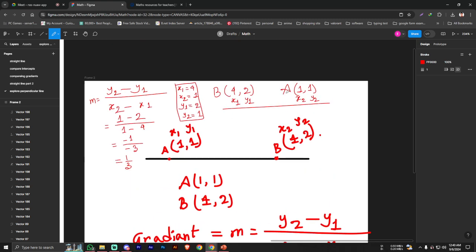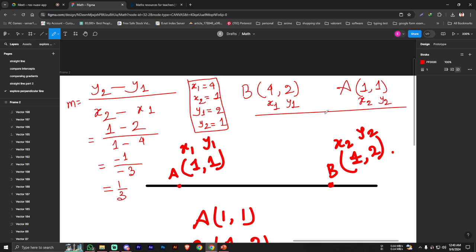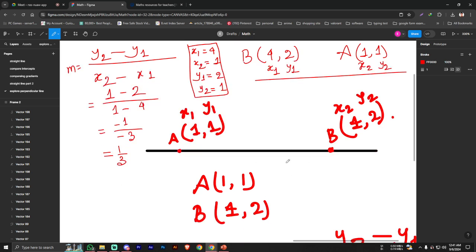No matter what we consider as x1 y1 and x2 y2, the answer will be the same. So you can interchange them and assume as you like.